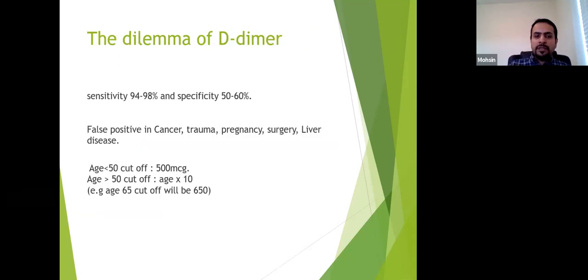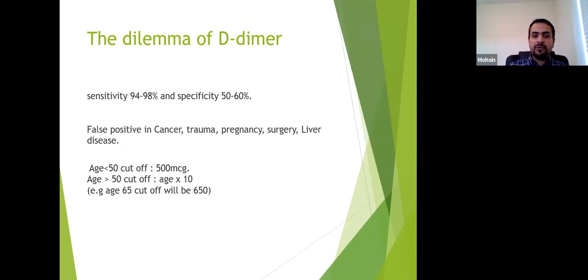And now we come to the D-dimer. We always say, always think about D-dimer with PE, which is true. It is a very sensitive test for checking pulmonary embolism. The problem is the sensitivity is very high, but the specificity is very low. So it can be falsely positive due to cancers, trauma, pregnancy, surgeries, liver disease.